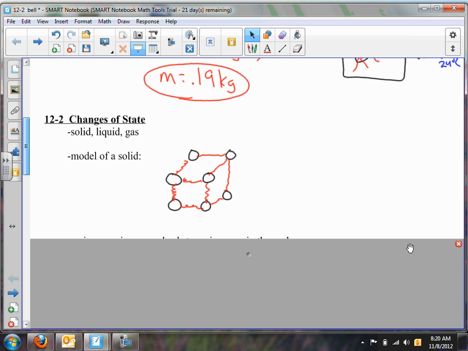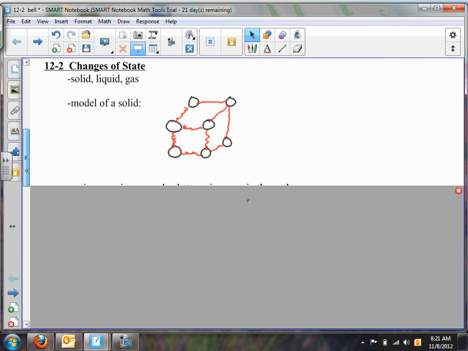The reason we like using the spring analogy is we know even though they're solid, the particles are still moving. So they can vibrate back and forth on each of those red springs. And if you add more and more heat, they vibrate more and more. Eventually, if you add enough energy to get them vibrating so much, they could break. And if those red springs or red bonds break, it turns into a liquid.